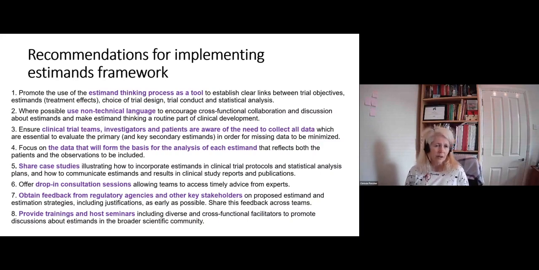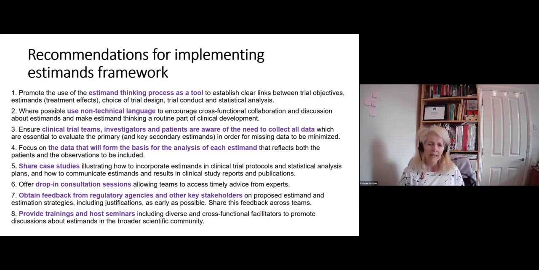And every Estimand will have its own set of data that will be used for estimation, because every Estimand might embrace an intercurrent event using a different strategy. So we really need to think about that set of data for each Estimand, which is going to then be the basis for our methods.